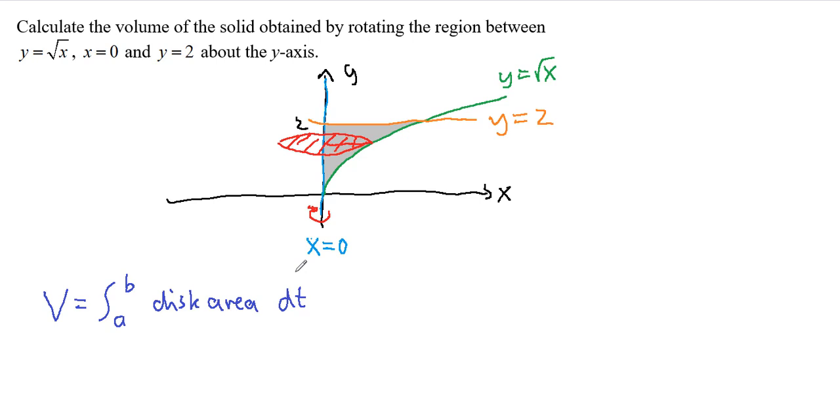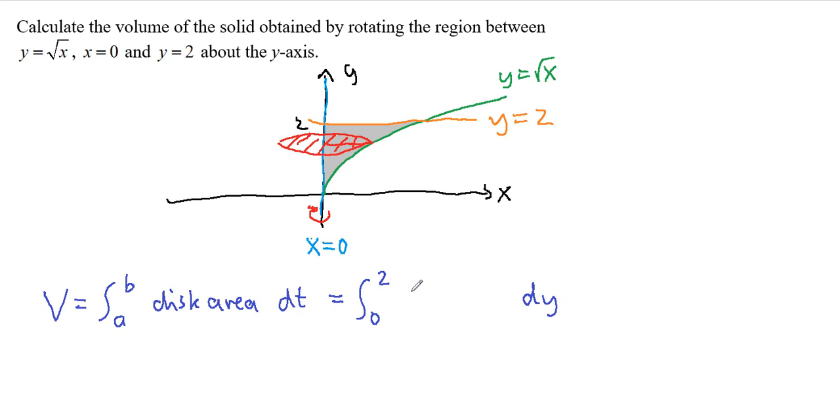Now the integral from a to b is the one through which all of our disks run, which in our case is from 0 to 2. And because these disks cut the y-axis, we have to integrate with respect to y.